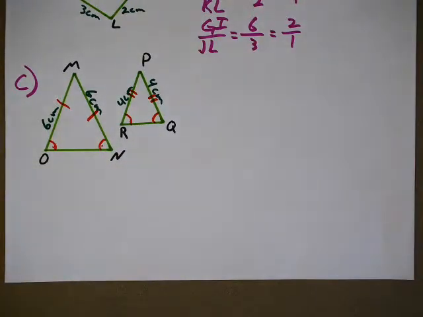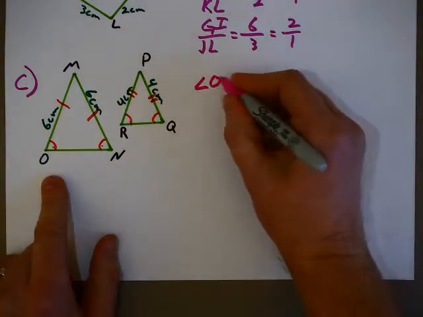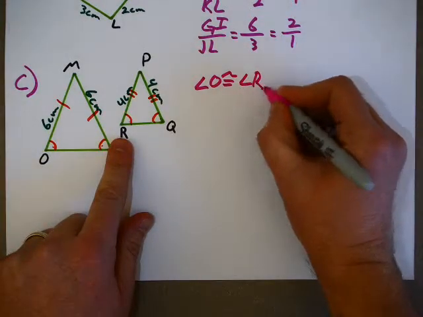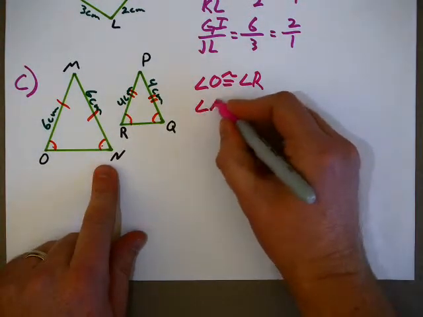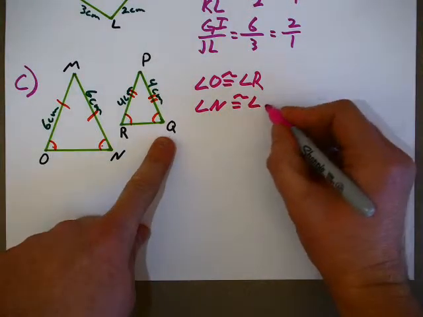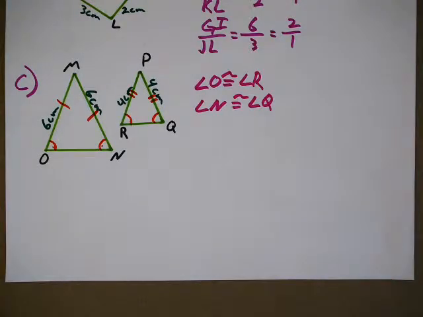So we can say since angle O is congruent to angle R, and angle N is congruent to angle Q, then they are similar, and so we could write a similarity statement.